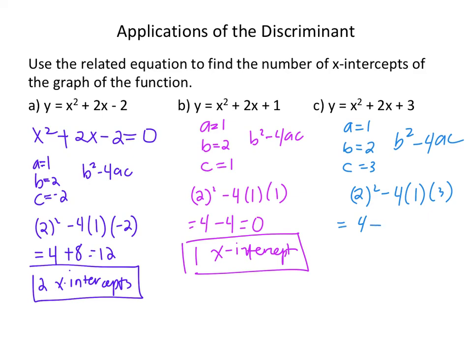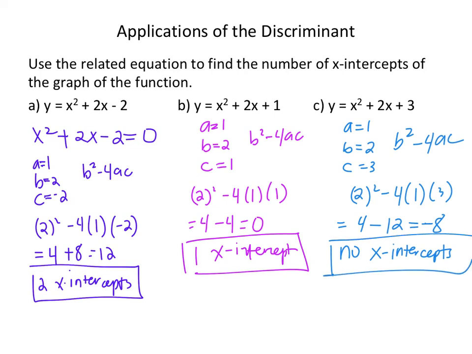Minus 4 times 3 is 12. So 4 minus 12 is negative 8. My discriminant is negative, so I'll have no real solution. So that actually tells me I'm not going to have any x-intercepts. You can say no x-intercepts, 0 x-intercepts, whichever. Just answer the question that they do ask you.